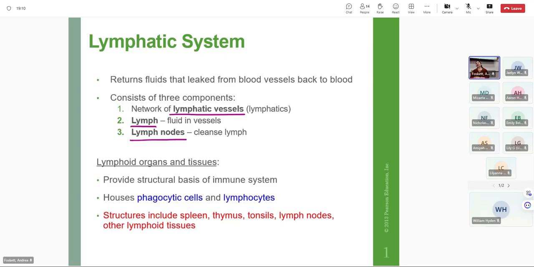When you think about this network of vessels, it is not a closed system like the circulatory system was. Your smallest lymphatic vessels are capillaries, very similar to your blood capillaries. But as they become larger vessels and networks of vessels, ultimately they all drain the fluid within the lymphatic vessel, which is called lymph, into the venous circulation.